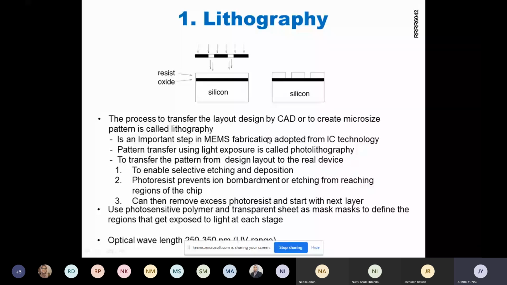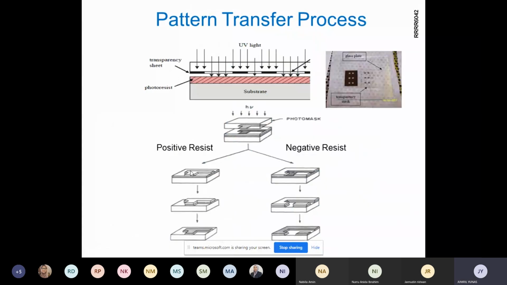For the photolithography process, we use optical wavelength between 250 up to 350 nanometer, and that means this should be the wavelength in UV light.